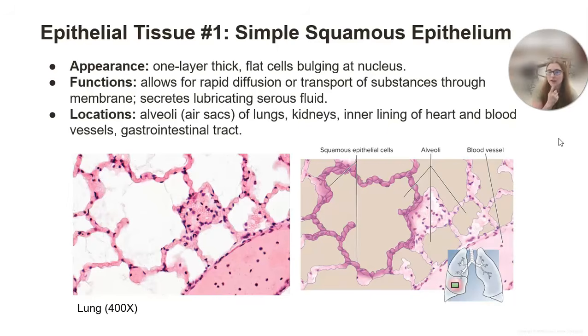We're also going to find this in places like the inner lining of our heart and blood vessels, where again, we want that blood to be able to pump through that tissue type, through that lumen without a lot of drag. And we'll also find this tissue in places of our gastrointestinal tract. So looking at this microscope image of the lung tissue, here we can see it drawn out.